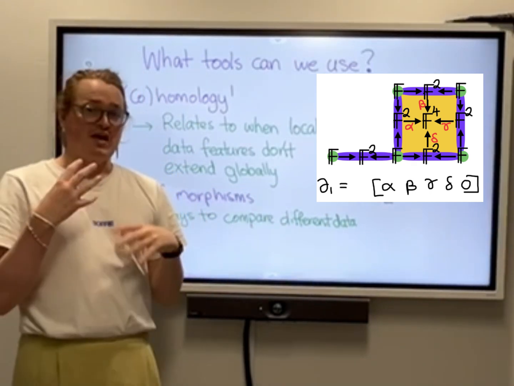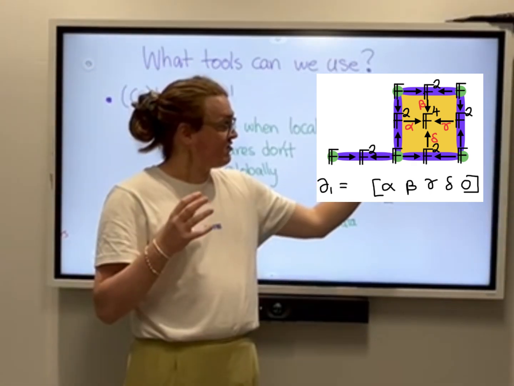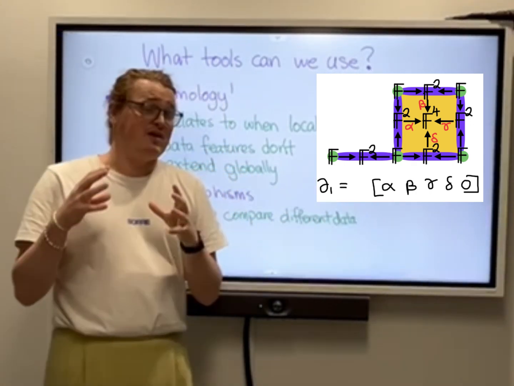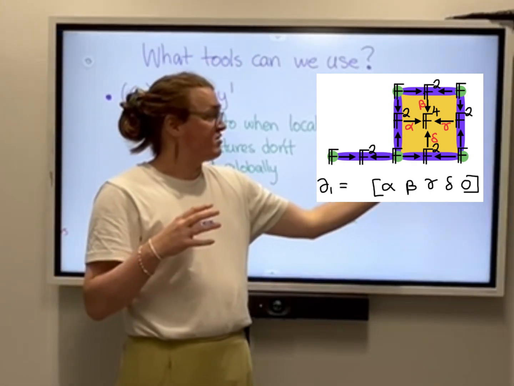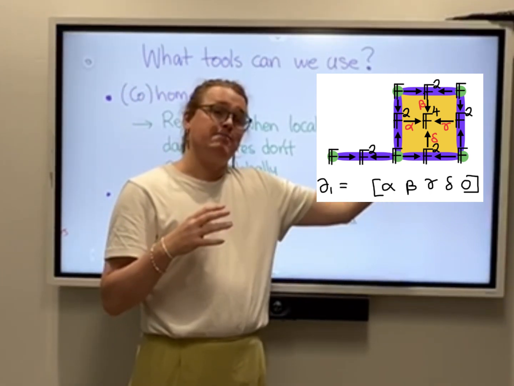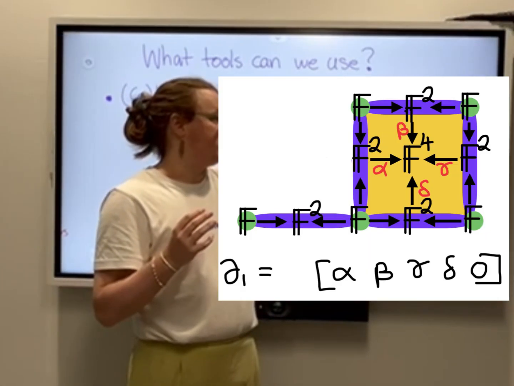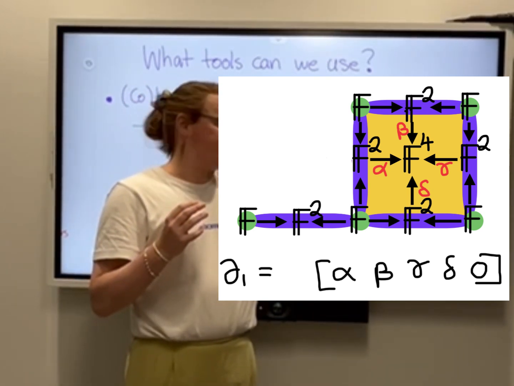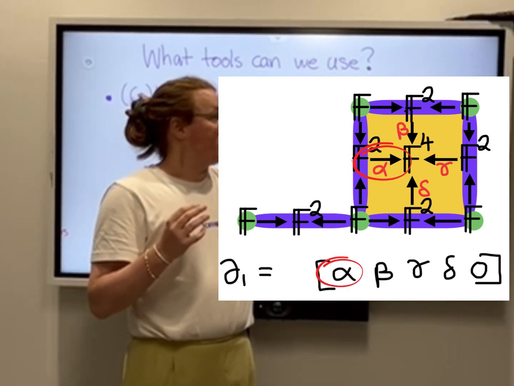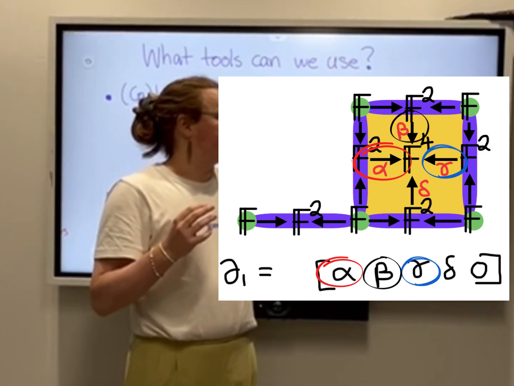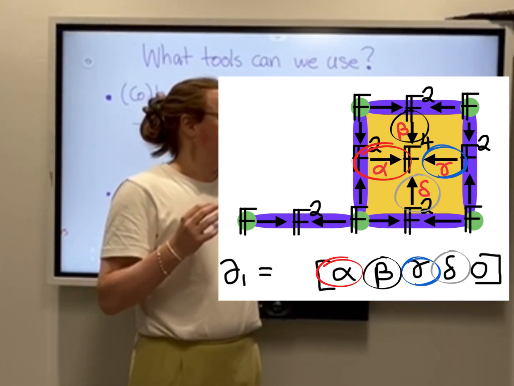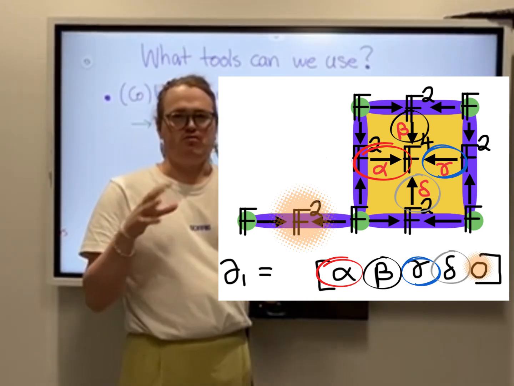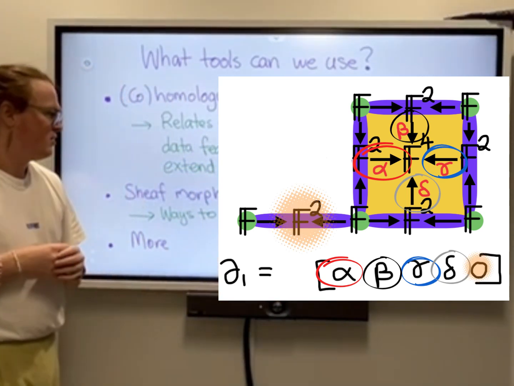All that changes when we have sheaves or cosheaves is we're factoring in that maybe our vector space is not one-dimensional, and we're factoring in that maybe our maps aren't the identity maps. So in this case, if we want to map from our edges to our two cell, we need to factor in the horizontal map, the vertical maps that map from the edges to the two cell, and also the fact that this edge has no two cell attached to it.